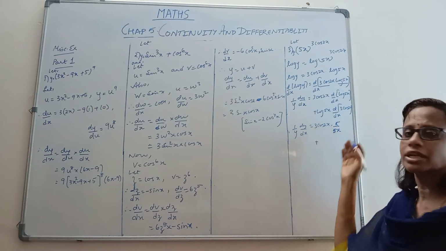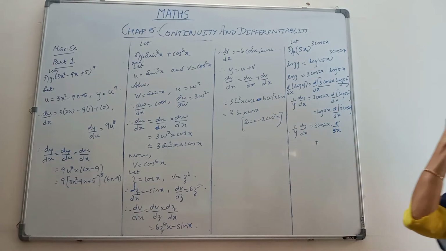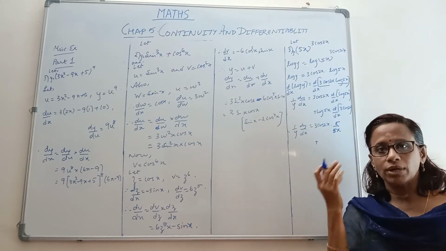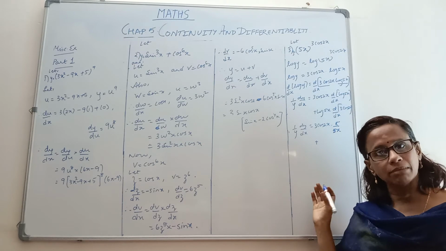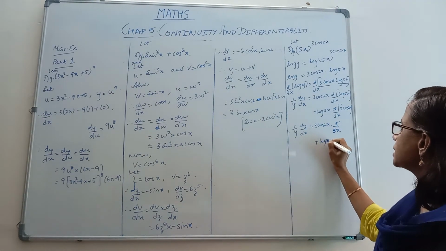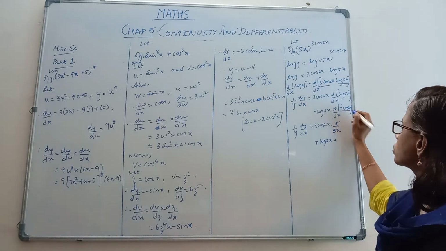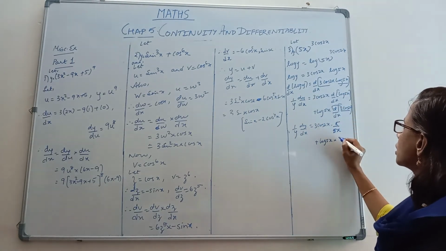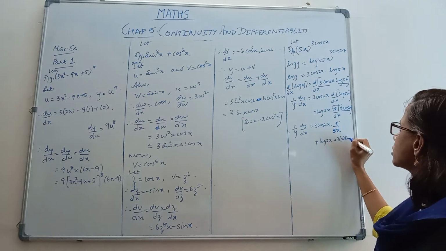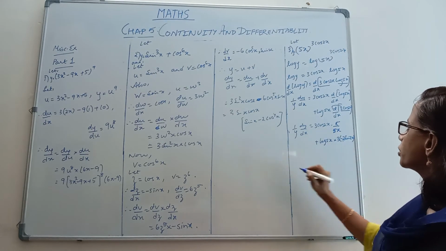Now if this is not very convincing, then you can take w as 5x and log as u, and once again you can find the derivative. This is how it will come. Then log 5x will be as it is, times the derivative of 3 cos 2x. 3 will come out. Then the derivative of cos 2x is minus 2 sin 2x, because 2 will contribute.